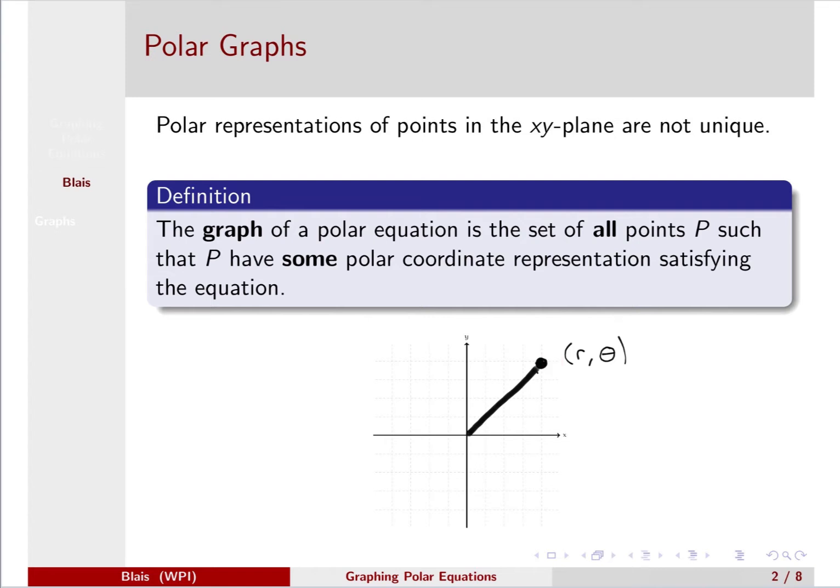You can also account for negative r, which takes the point and reflects it through the origin. So because of this, we have many ways, infinitely many ways, to represent any given point in the xy plane in polar coordinates.